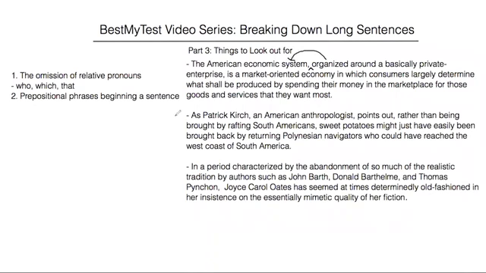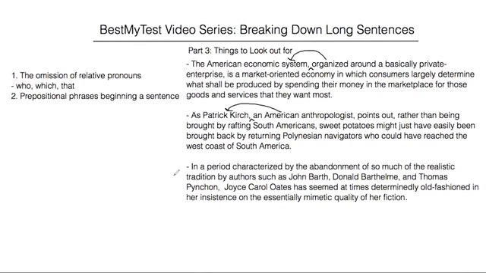The second sentence here, as Patrick Kirch, an American anthropologist, points out, so here we have for this clause, as Patrick Kirch, and that could be who or that is an American anthropologist. So this here means Patrick Kirch is an American anthropologist.